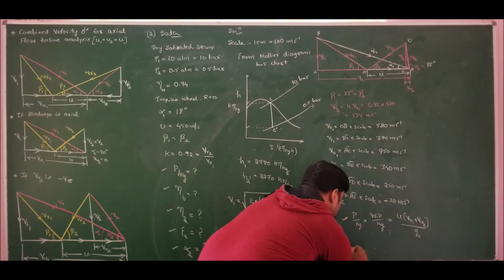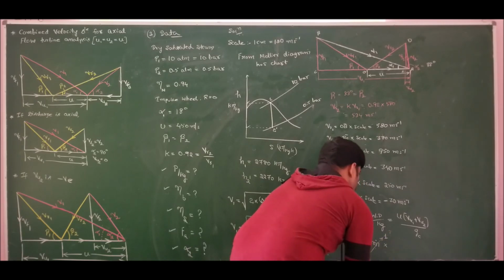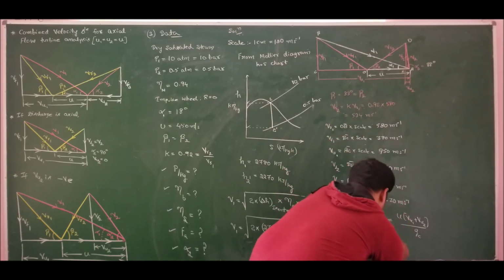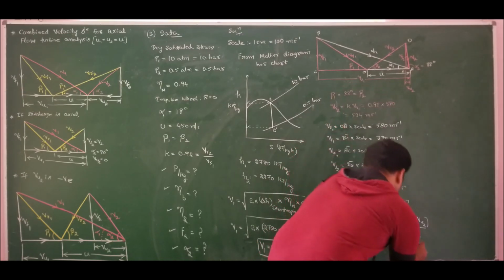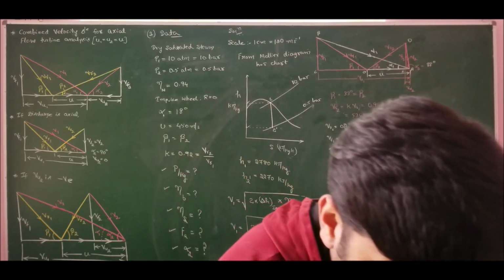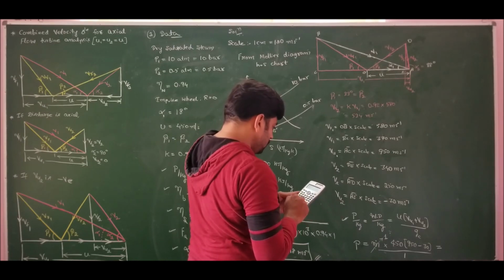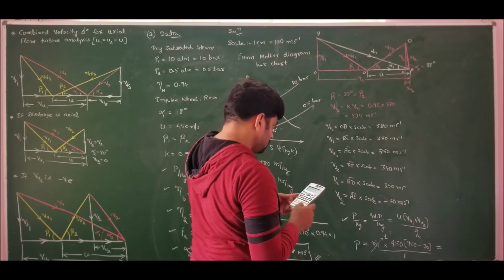If I substitute and solve, I will get specific power output, that is m dot is equal to 1, into U which is given as 450 into Vu1 which is 950 minus 30, whole divided by 1, which gives us the specific power output as 450 into 950 minus 30, divided by 1000.